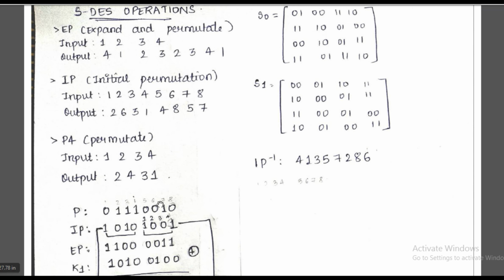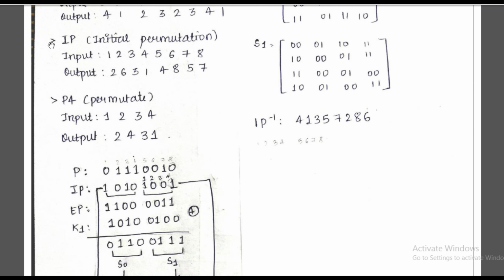The first step we need to do is find the IP. In order to find the IP, we perform the initial permutation in this order: 2nd bit in first position, 6th bit in second position, and so on. So now we have 2 6 3 1.